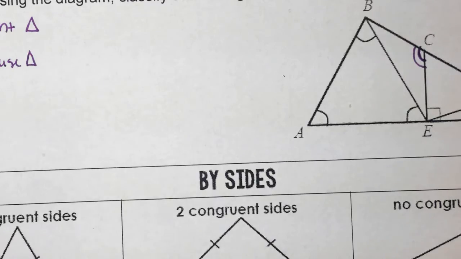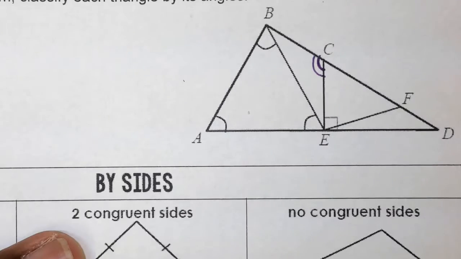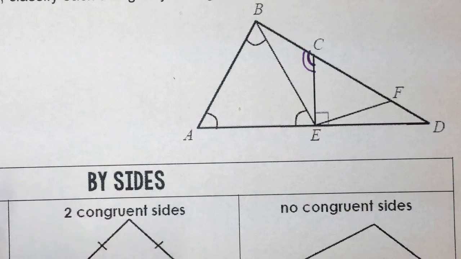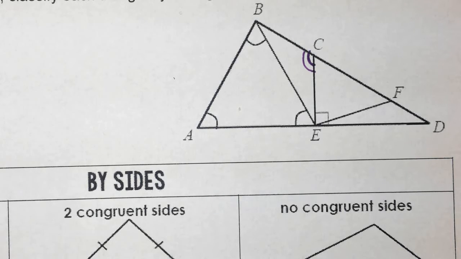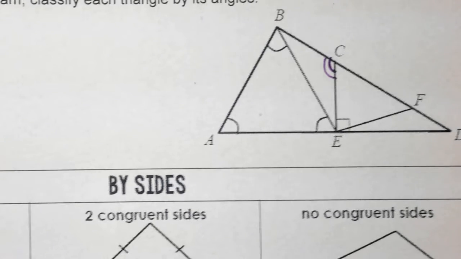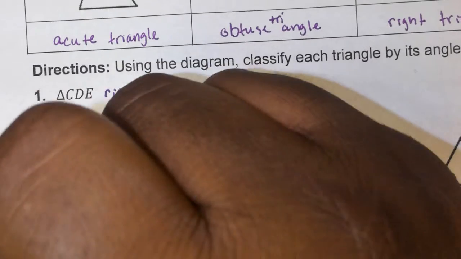Number 3, triangle ABE. Okay. Can you try your best? Equiangular? Yeah, okay.